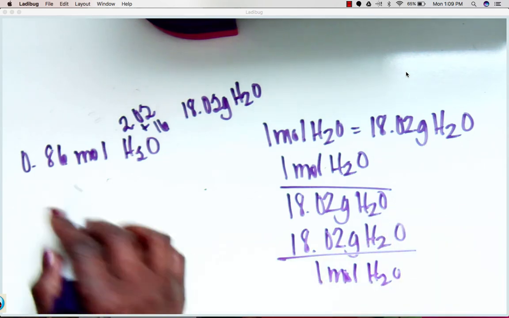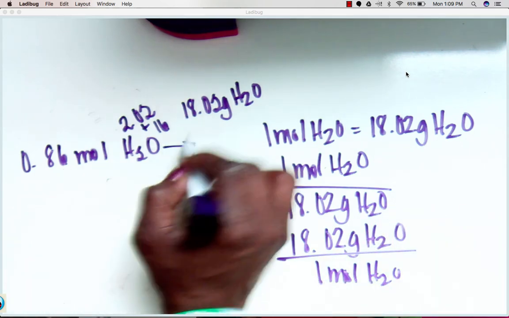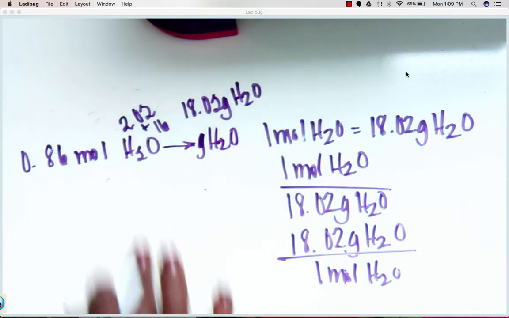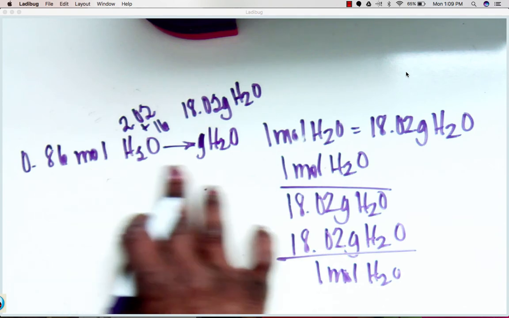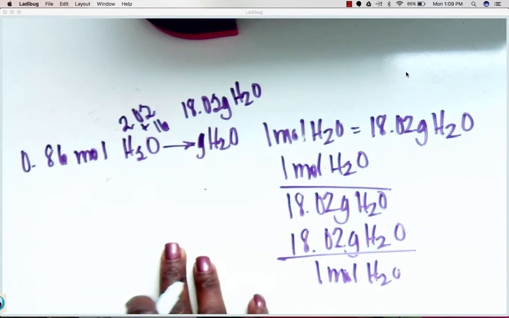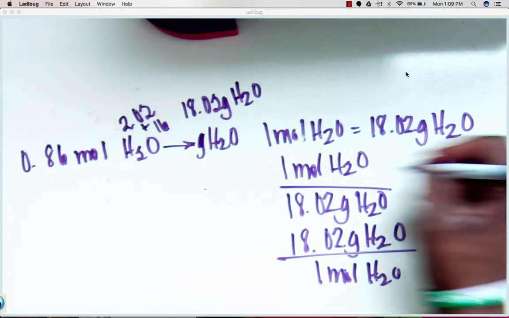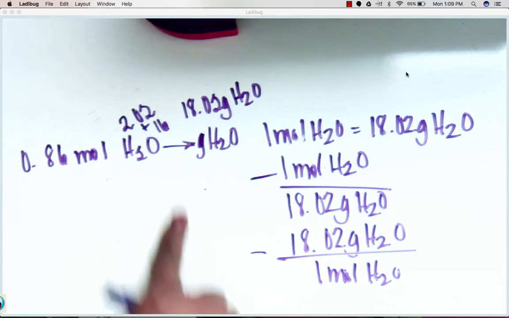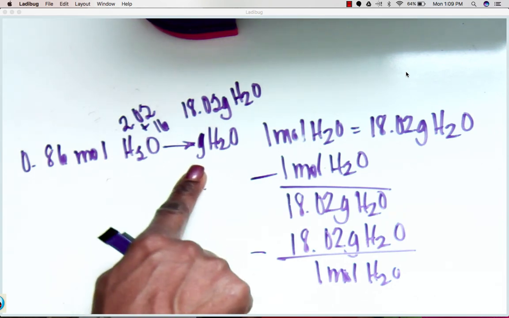Again, in this problem we're going from moles of water to grams of water. So we need to look at which of those two conversion factors will allow us to have our final unit as grams of water. You look at the conversion factor that has grams of water in the numerator.